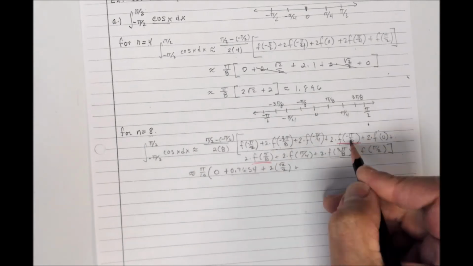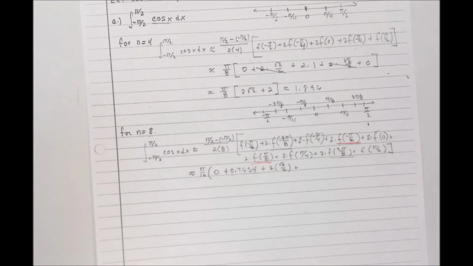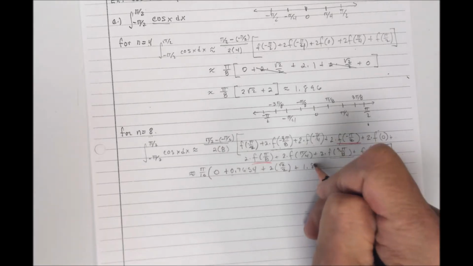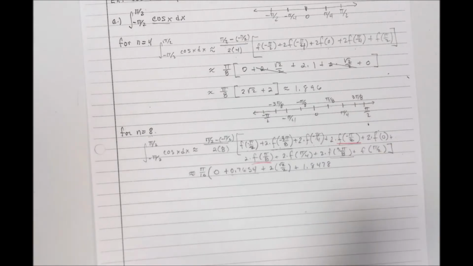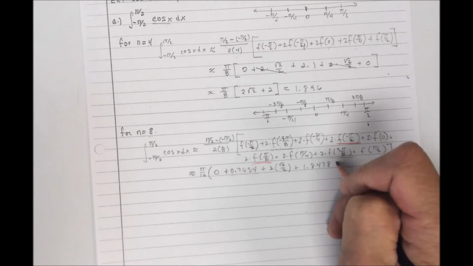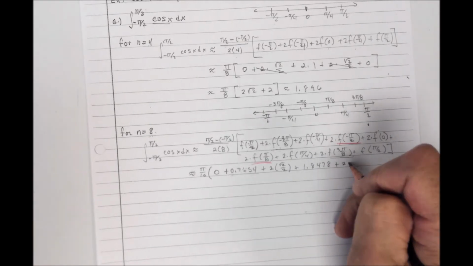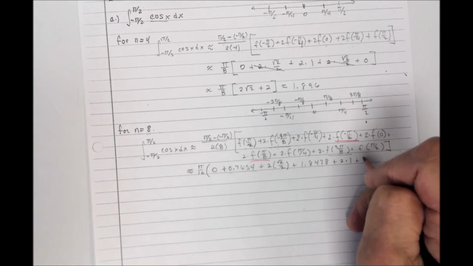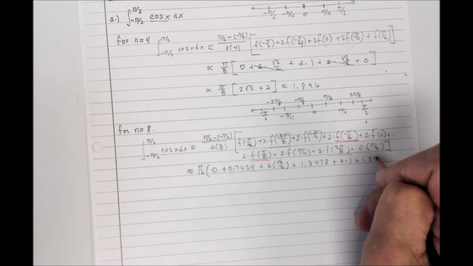now I have to do negative pi over 8, so the cosine of negative pi divided by 8, and then I got to double that. Turns out to be 1.8478, that's this guy, plus 2 times 1. And then this is the same as this, so that's going to be 1.8478.